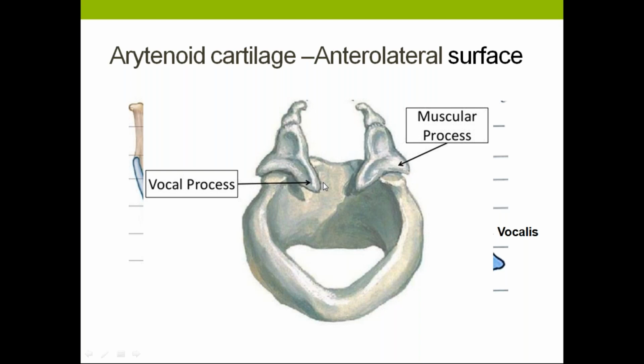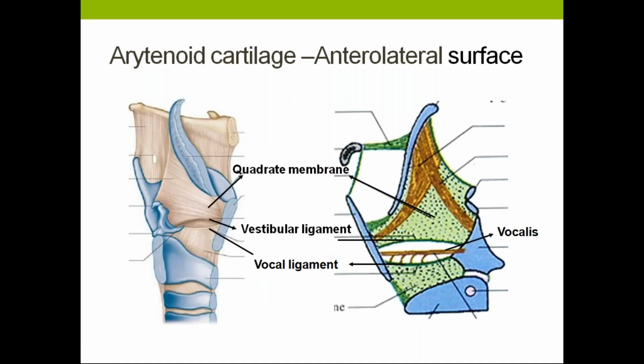Opposite the vocal process, you can see in the next picture. So this is the vocal process. The vocal process gives attachment to the vocal ligament. So this is the cricovocal membrane or ligament. Next to the vocal ligament you have the attachment of the vocalis muscle, which you have already seen on the posterior surface of the anterior border of the thyroid cartilage.